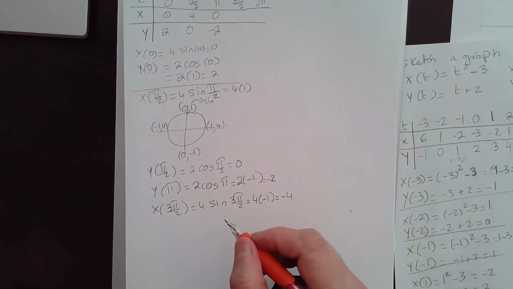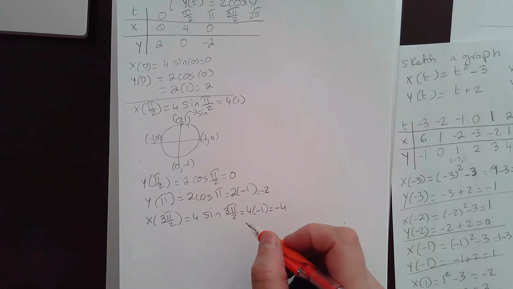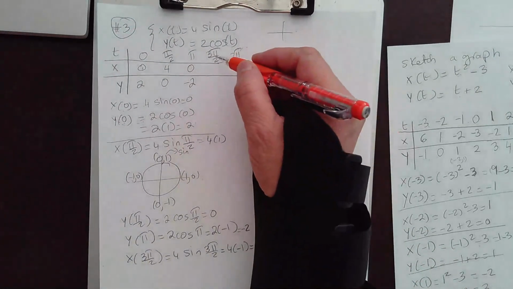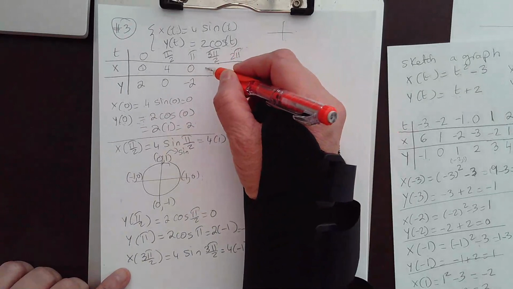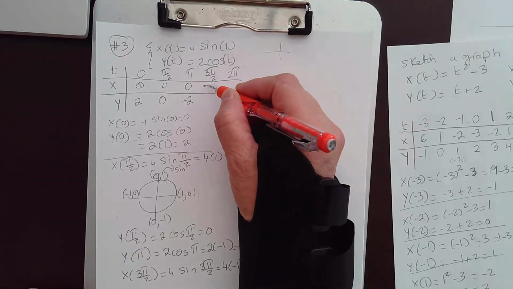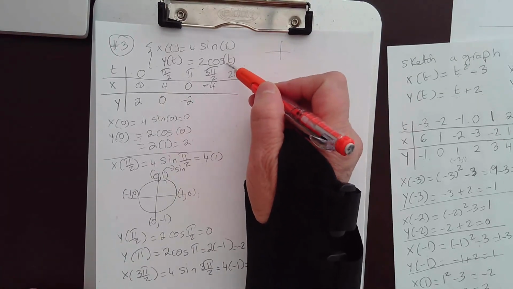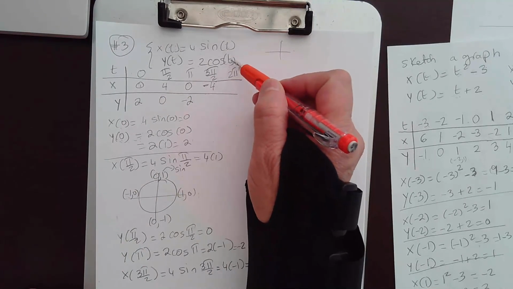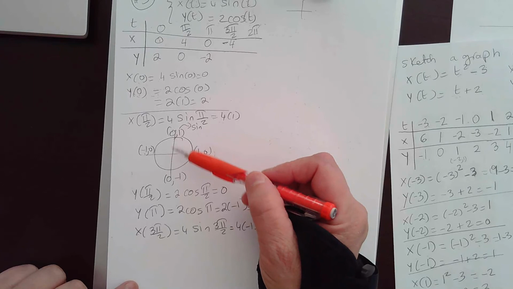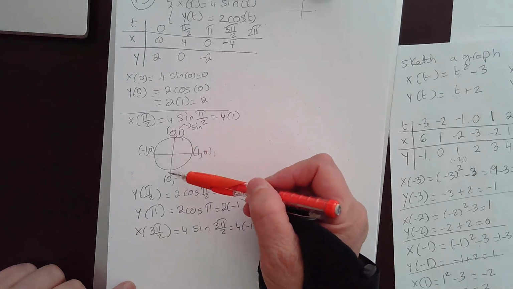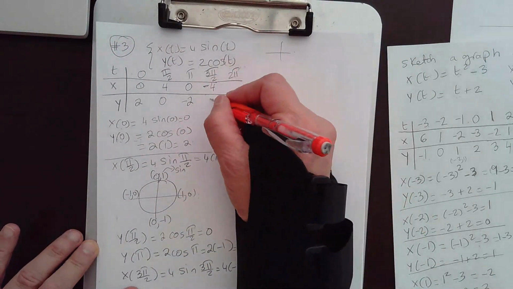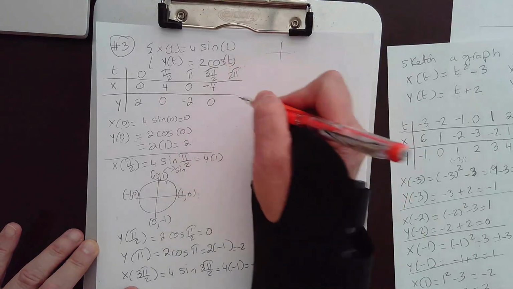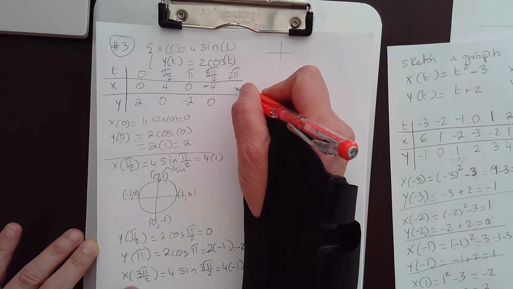So when t is 3 pi over 2, x is -4. Now, if we plug 3 pi over 2 into y, you know cosine 3 pi over 2 is 0. Remember, the cosine for pi over 2, 3 pi over 2, 5 pi over 2, 7 pi over 2 is always 0. So this is 0.